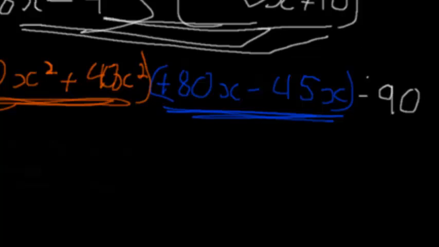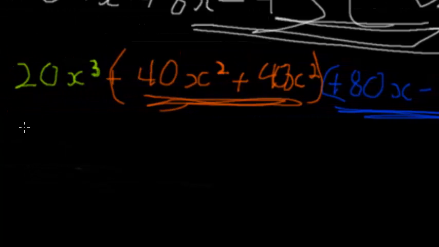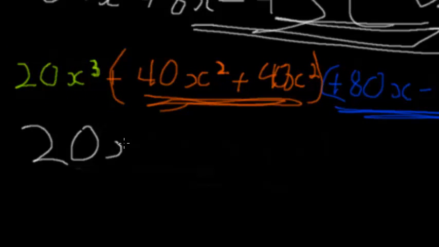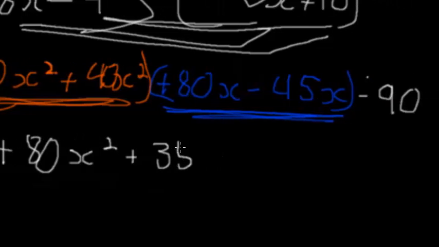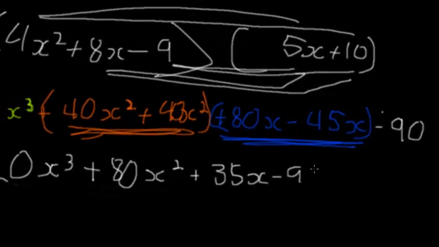So then I just add and subtract those together, and we can get here 20x to the power of 3 plus 40x squared and 80 minus 45 is, what's that, 35? Right, yeah, 35x minus 90. And there we go.